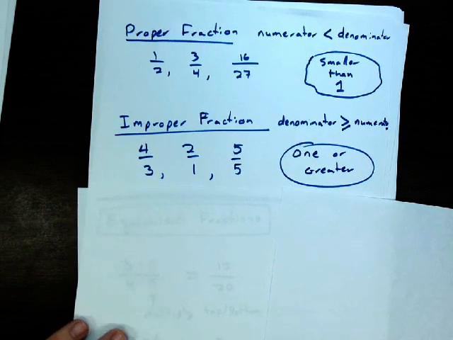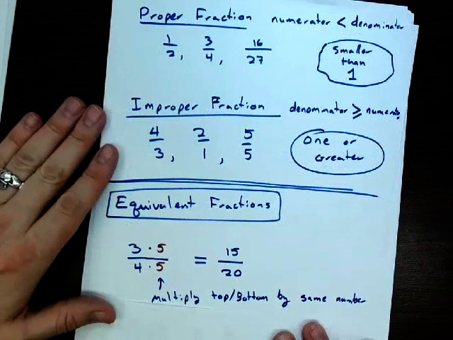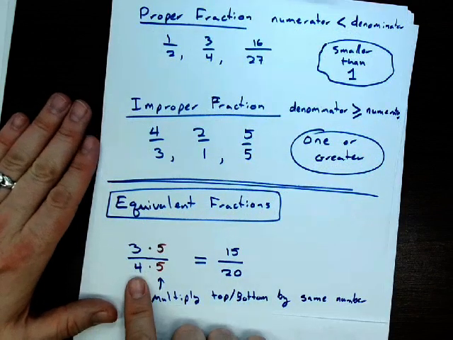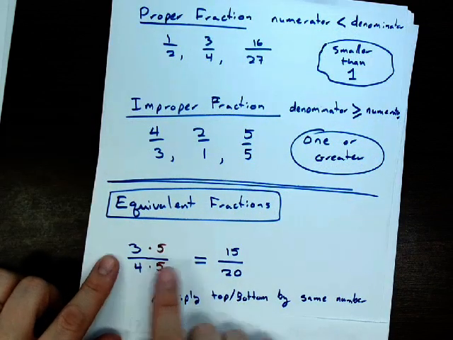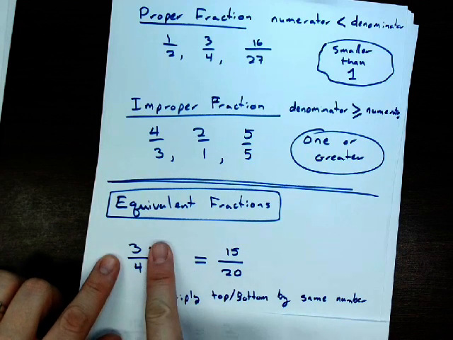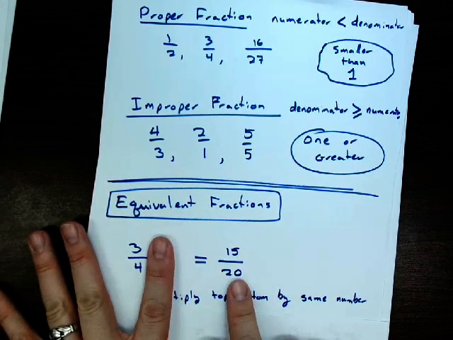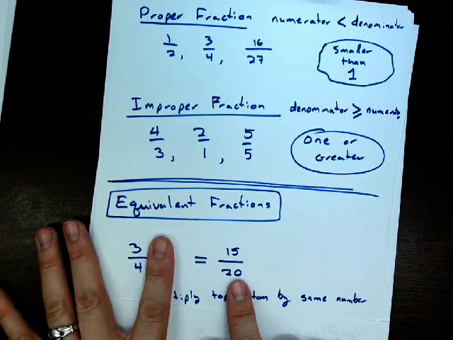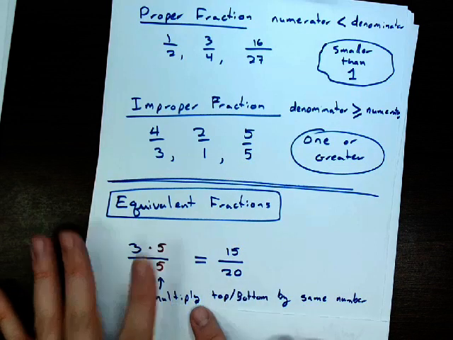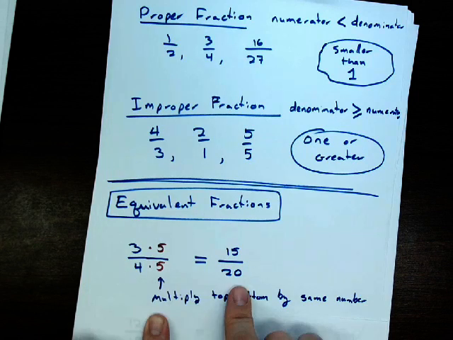Well, let's talk a little bit about equivalent fractions. Anytime we've got a fraction, we could change the form. So say we have 3/4 and we want it to be something that has a 20 in the denominator. As long as I multiply the top and the bottom by the same number, I will have an equivalent fraction.